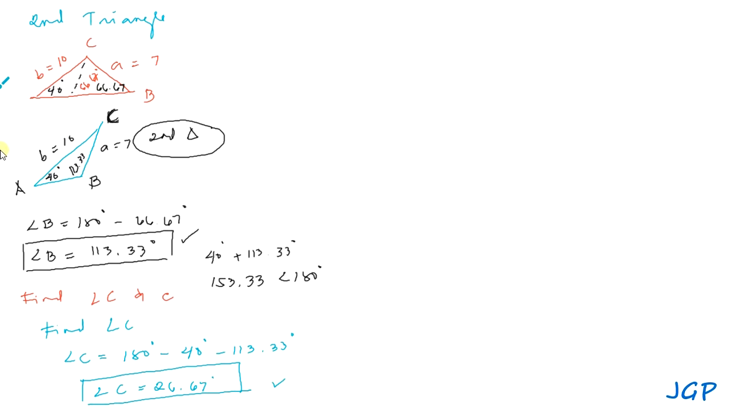What's next is, let's find our side C. To find side C, same as before, use the sine law formula: sine of angle A over A. I will still use this ratio since I have the value of angle A and side A, and since I'm looking for C, I'll use this ratio because C is there.